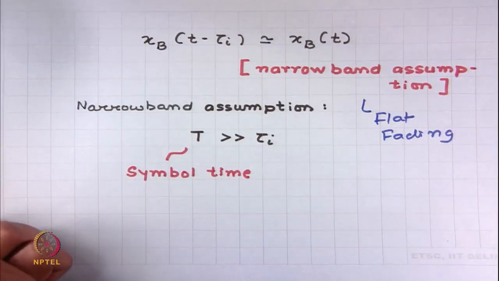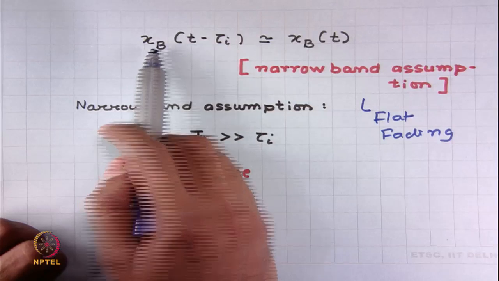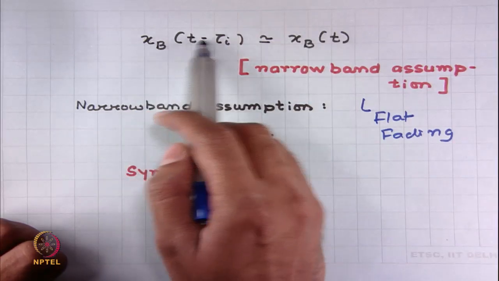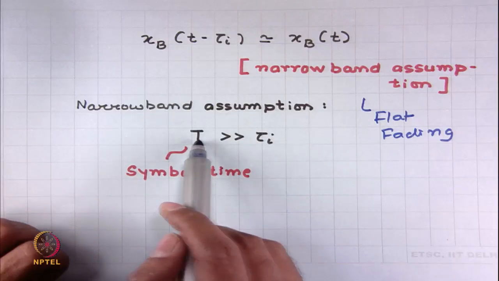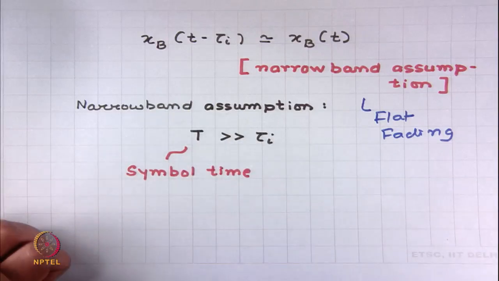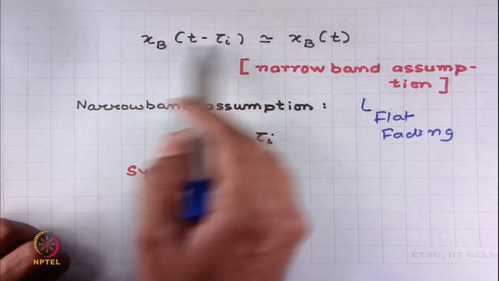So, in narrowband channels you can approximate the signal x_b(t minus tau_i) as simply x_b(t), and what it simply means is that if the symbol time of the signal is much larger than this tau_i, then its effect is negligible.